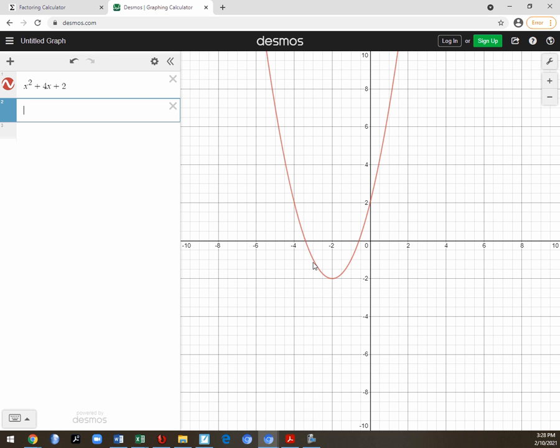And hit enter. This number right here and this number right here, you can literally click on those and you can get those. Okay? It gives me -4.14 and -5.86.